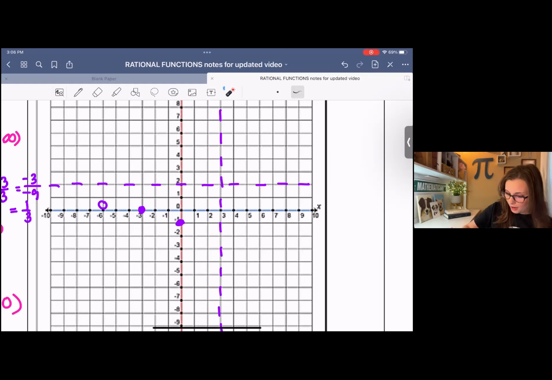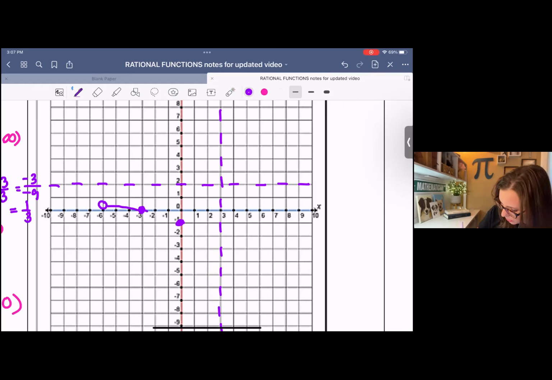Right now, what I have is boundaries here. I know I cannot cross those lines. They're boundaries. And I have points here. So if I follow the points and I follow the boundaries, it's going to go through those points, skip the hole, and then it's going to get really, really close there and really, really close there. Never touch, but get really close.